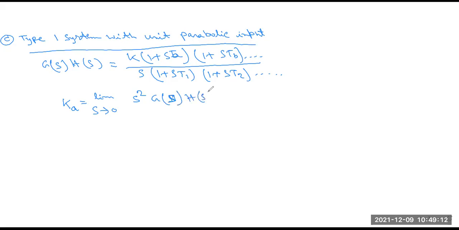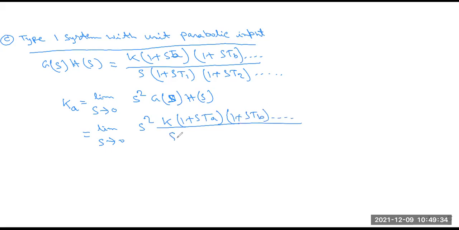Now we put the value of the transfer function: limit s tends to 0 of s square into G(s)H(s), which is K into (1 plus sTA) (1 plus sTB) and so on, and the denominator part is s into (1 plus sT1) into (1 plus sT2) and so on. When we use the acceleration function, we calculate Ka, which equals 0.